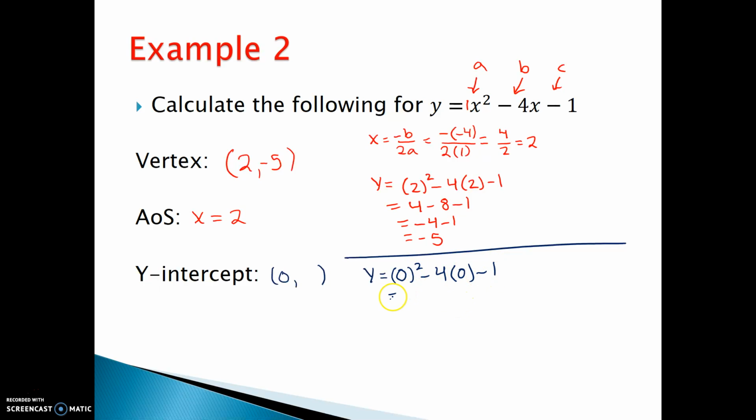Well, 0 squared is simply 0. 4 times 0 is simply 0. And then minus 1. That means that my y-intercept is going to be sitting at (0, -1). Maybe some of you can already start seeing the pattern of what value is really going to be my y-intercept.